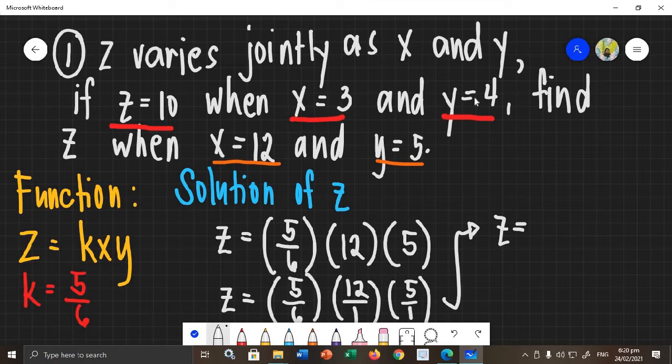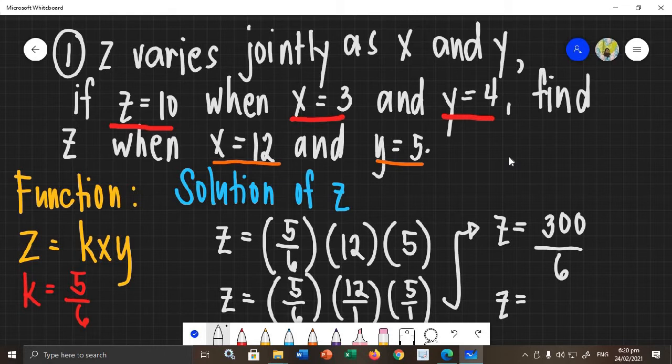Then 60 times 5, again, that is equal to 300. And then 6 times 1 times 1 is equal to 6. Okay, Z is equal to 300 over 6. 300 over 6 can be simplified further.